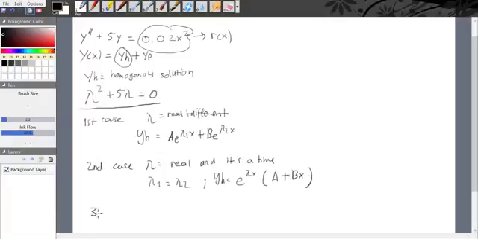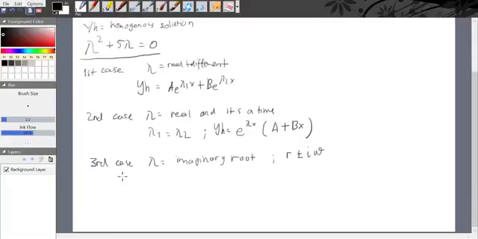And the third case, lambda is a complex root which consists of r plus i omega, and the homogeneous solution for this third case will be e to the rx times (A cosine omega x plus B sine omega x).